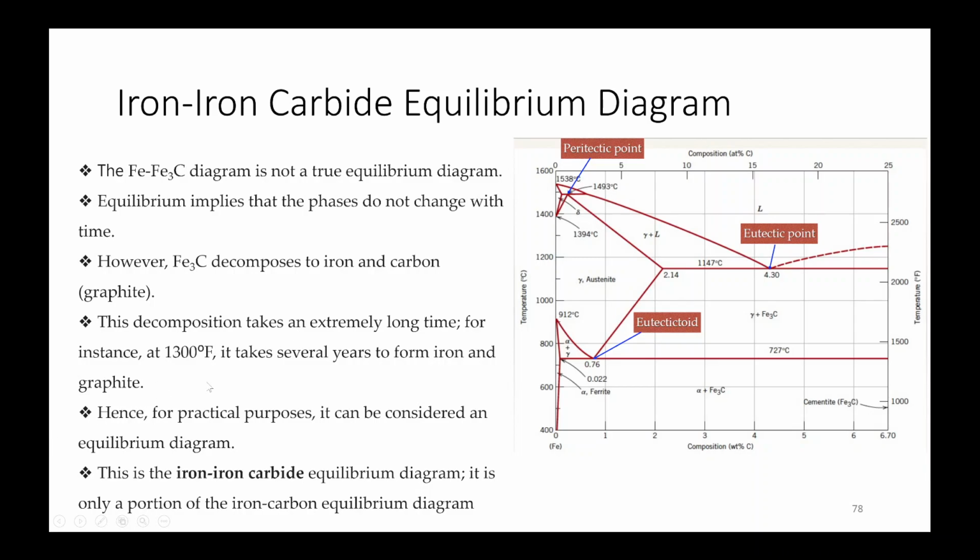For instance, at 1300 degrees Fahrenheit, it takes several years to form iron and graphite. Hence, for practical purposes, it can be considered an equilibrium diagram. And this is the iron carbide equilibrium diagram. It is only a portion of the iron carbon equilibrium diagram because it goes only up to 6.7 weight percent of carbon.